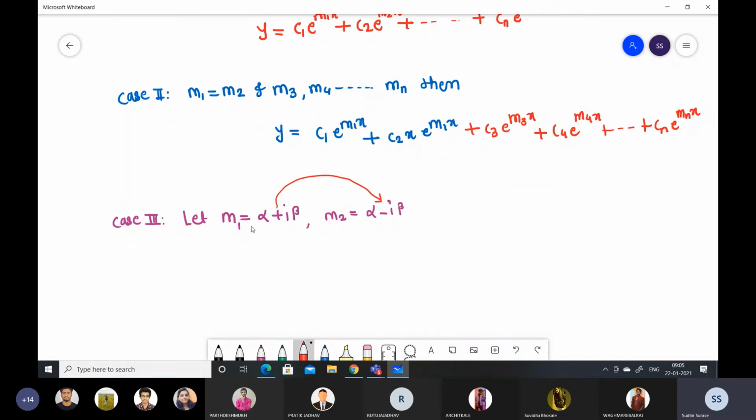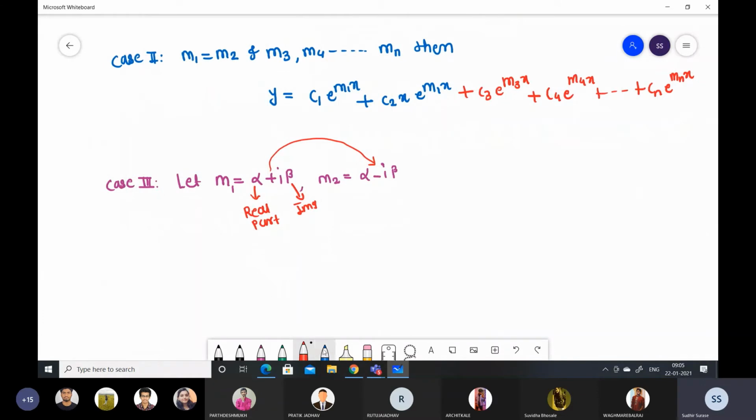So let us follow the same process. Before that, let me specify that alpha is called the real part of the complex number, and beta, the coefficient of i, is called the imaginary part of that complex number. So in case of complex roots, what is the solution?